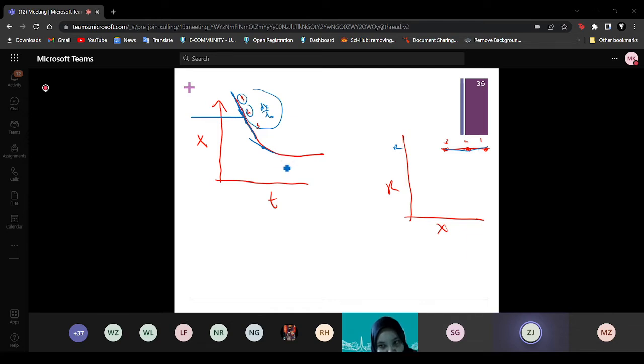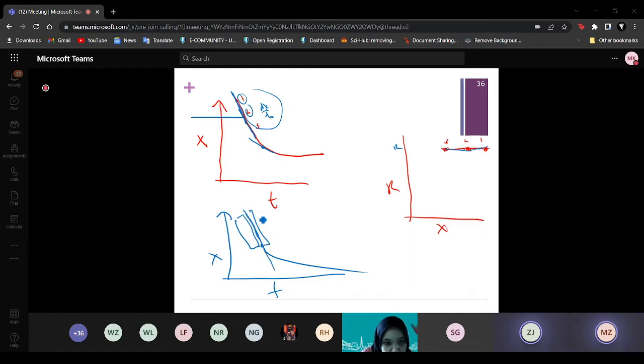Okay, so the easiest way to observe where the starting point and the end point of the constant rate period are: if you have the x and t graph with this kind of pattern, take your ruler, put your ruler here, and trace this line, see where it's going to go at the end. So this is going to be the end. So this is going to be the constant period.